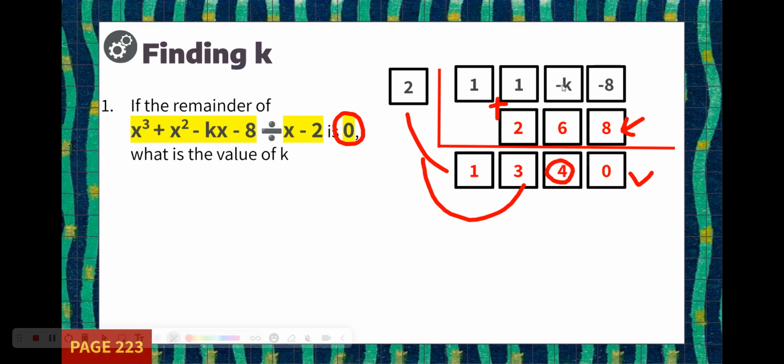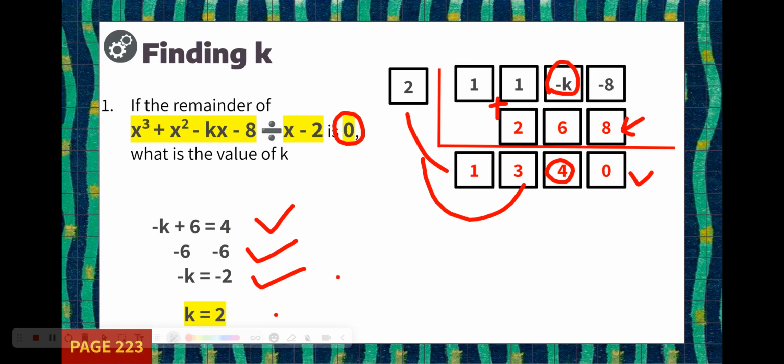So now that I know that this is 4 and this is 6, how will I solve for k? It's easy. Make them as an equation. Negative k plus 6 equals 4. Subtract 6 on both sides. Negative k equals negative 2, where k would be equal to negative 2 divided by negative 1. So k is equal to 2.